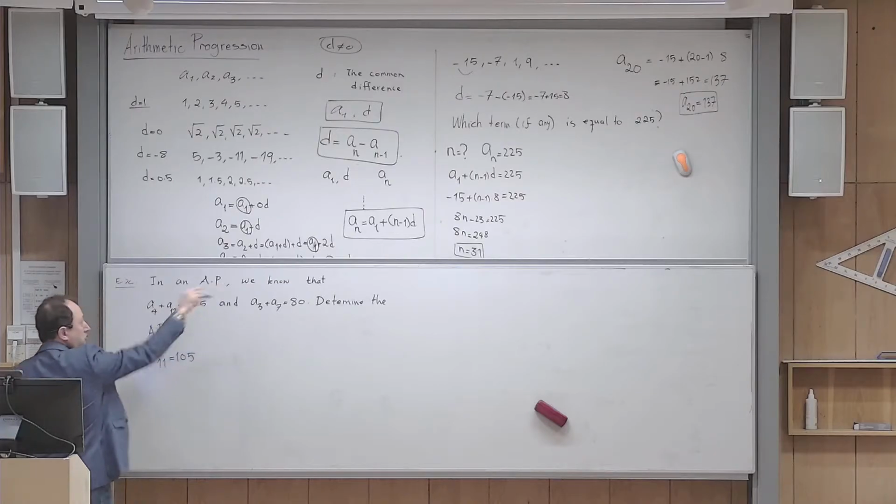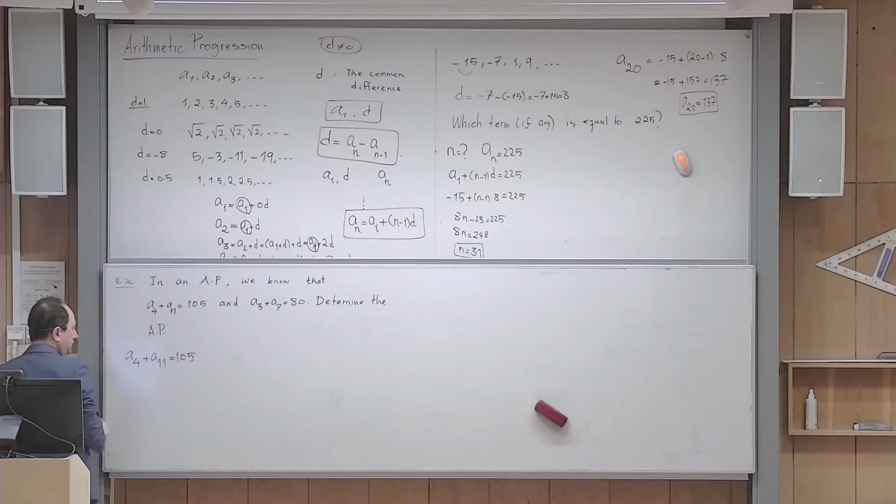But I have that formula. Instead of a4, what can I write? I can write the first term, but plus how many d's? One less. Yes, I have index 4, the coefficient that appears is n minus 1. So if I have 4, it becomes 3d. This is what I write instead of a4.